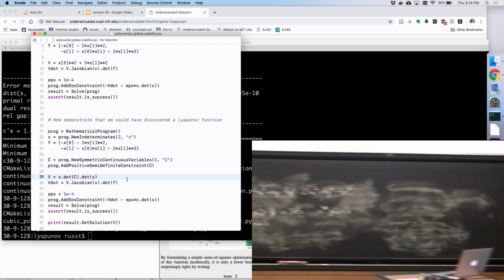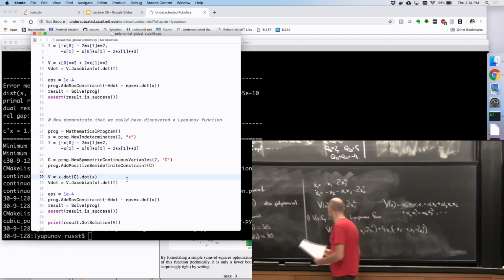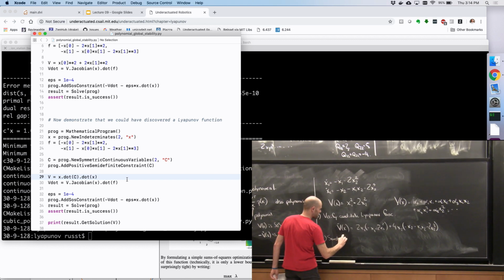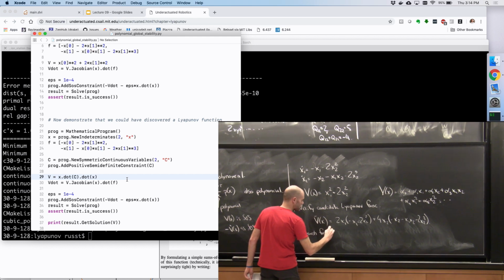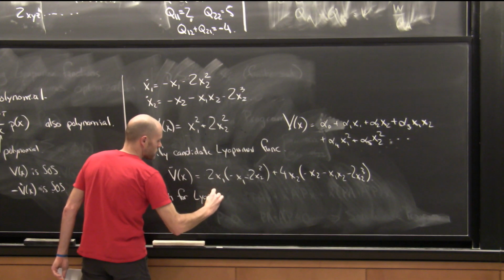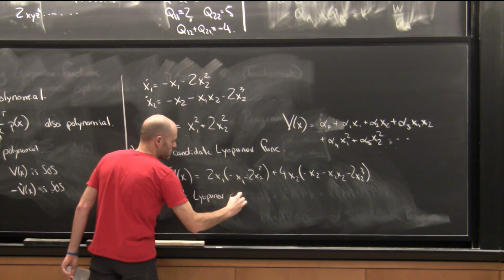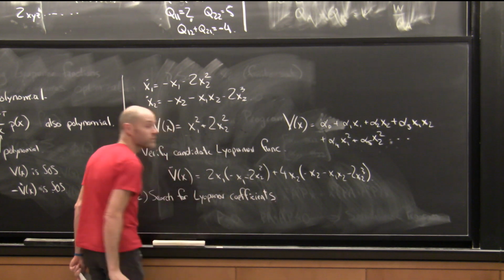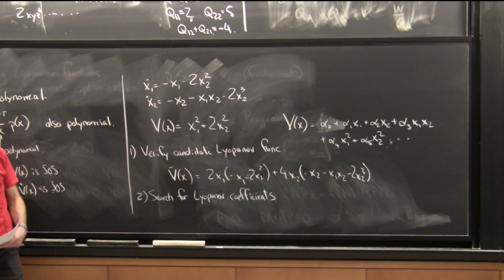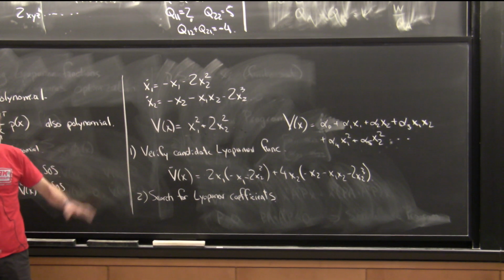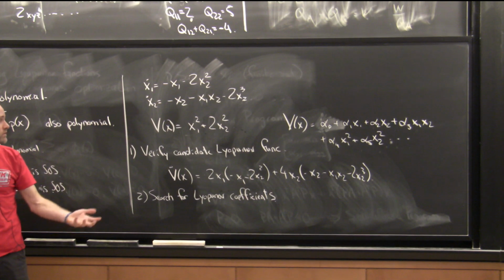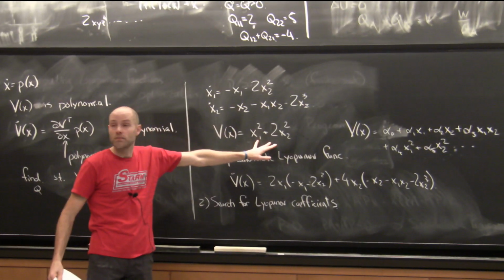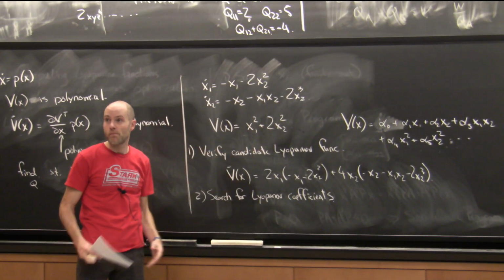So step 2 was searching for Lyapunov functions, at least searching for the coefficients. Cool. In fact, when you run those, you might add a few more terms to get the scaling right, but most of those alphas turn out to be 0, and you get something simple that comes out.